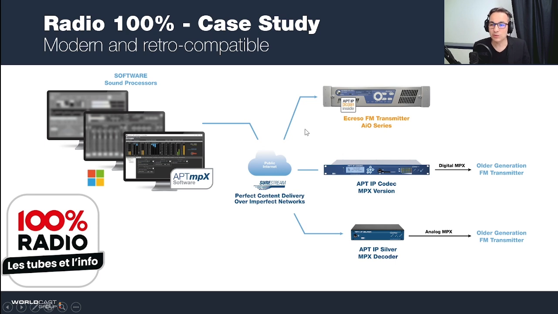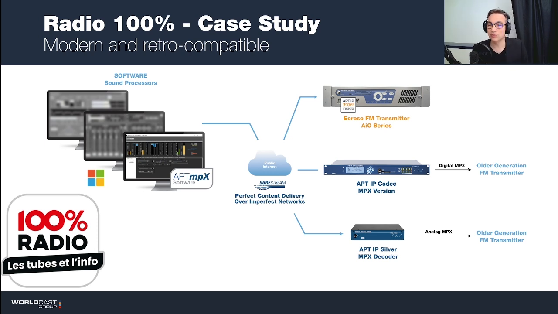This is what we did recently with a radio here in France that I like to take as an example, which is called Radio 100%. It's a case study of a modern and retro-compatible solution. What they did is to replace their old transmitter and old codecs and also sound processor by a fully software-based chain.